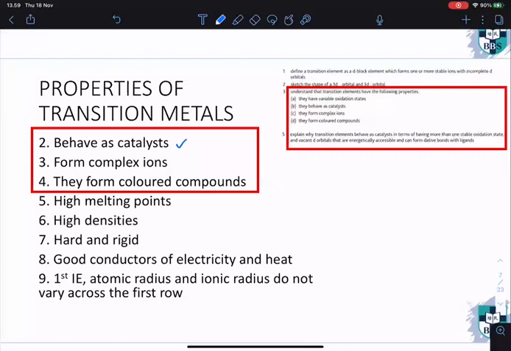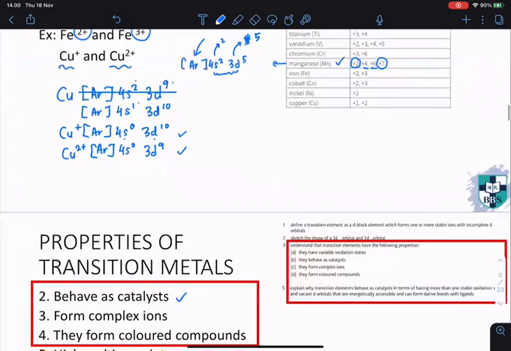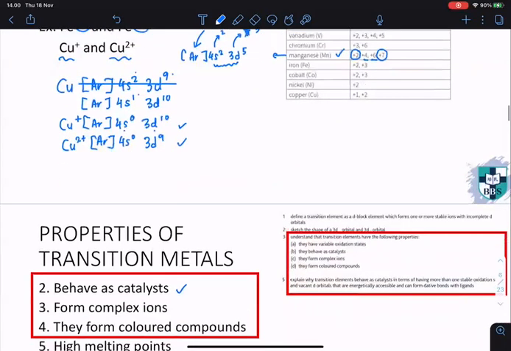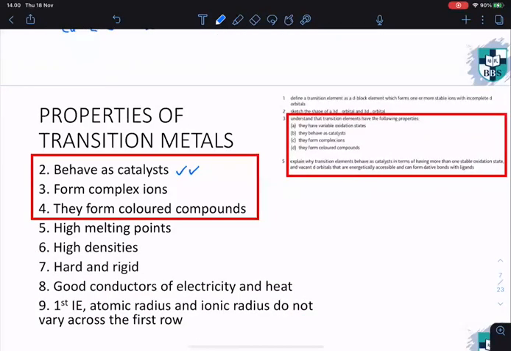Last time we learned about homogeneous catalyst, which is in the same phase as the reactant mixture. One property of homogeneous catalysts is being able to form different oxidation numbers. So in this case, the oxidation state is going to be different, so they are perfect candidates to become catalysts.